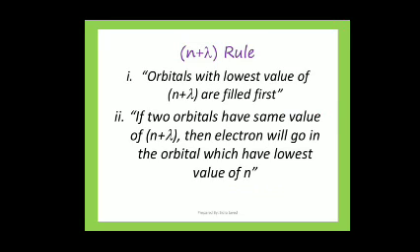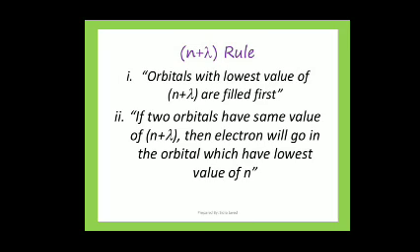Let's consider the 3d and 4s orbitals. For the 3d orbital, n value is 3, l value is 2. So the 3d orbital n plus l value is 3 plus 2, equal to 5. For the 4s orbital, n value is 4 and l value is 0.